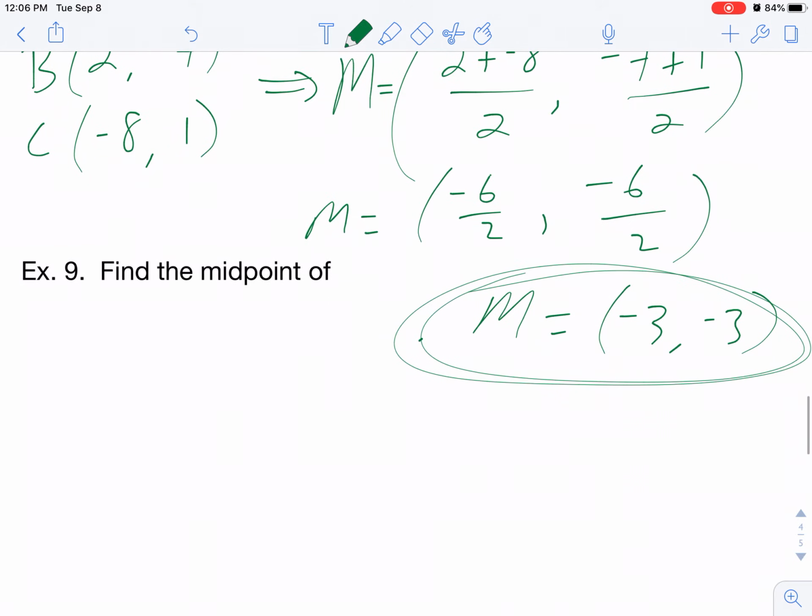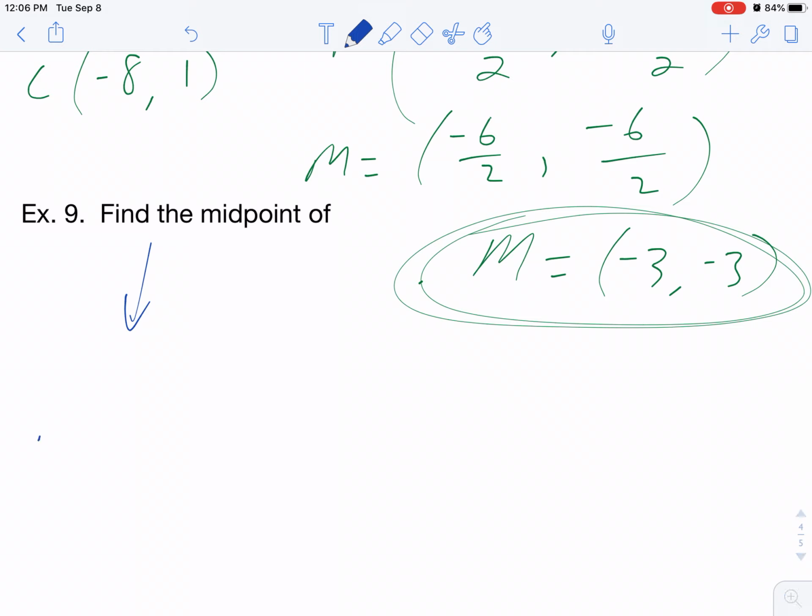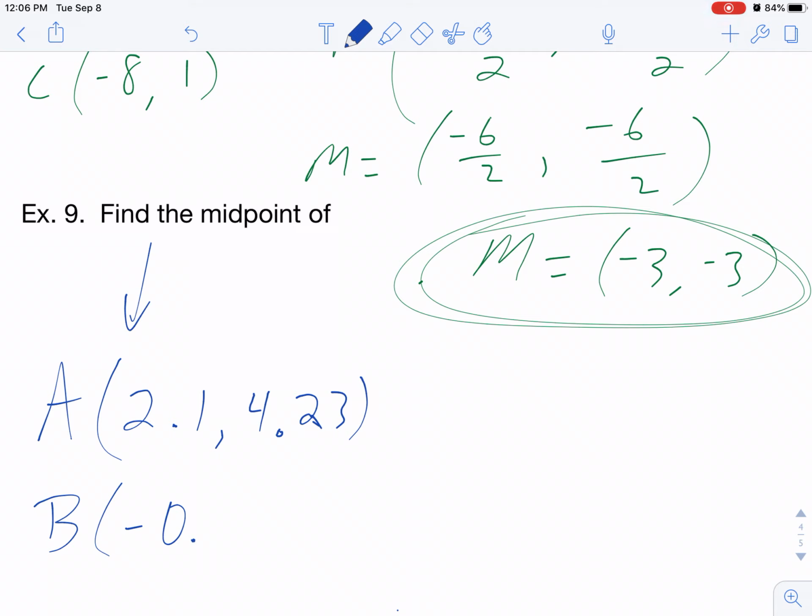Okay. The last example I have here is another midpoint, but I just want to warn you, sometimes you'll be given decimals. Say point A is (2.1, 4.23), and let's say point B is (-0.94, -8.47).